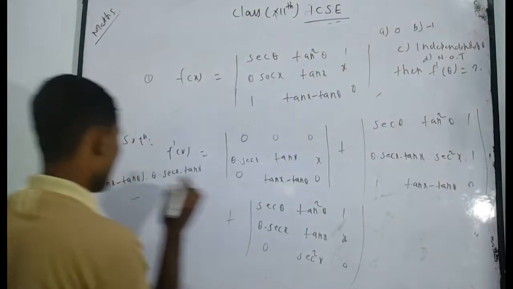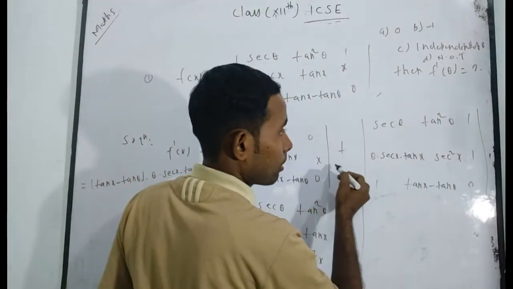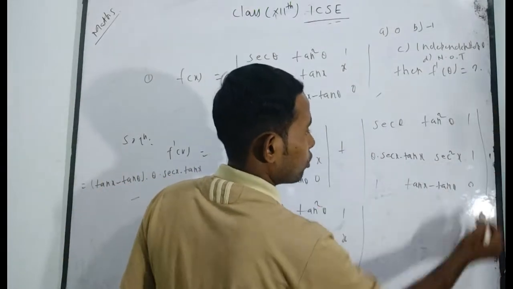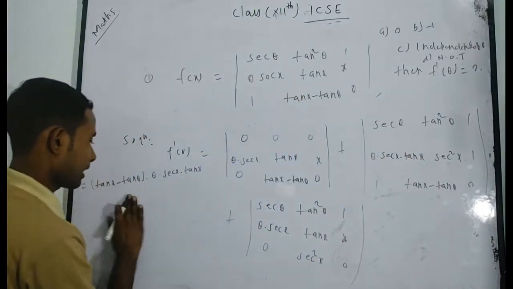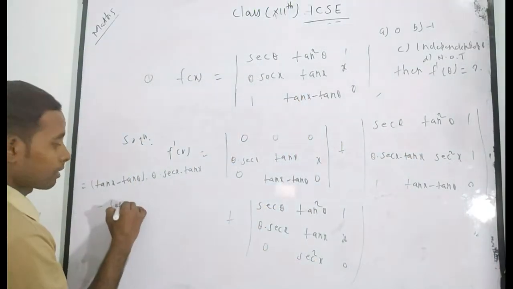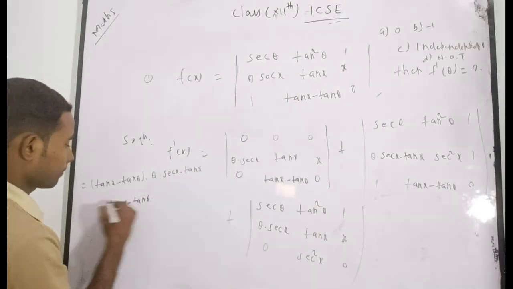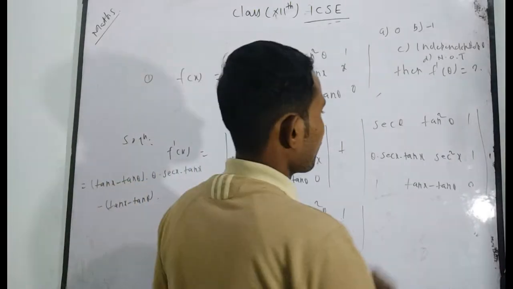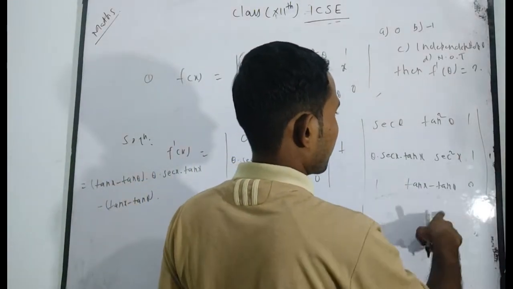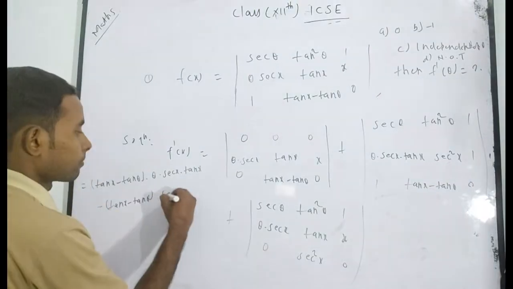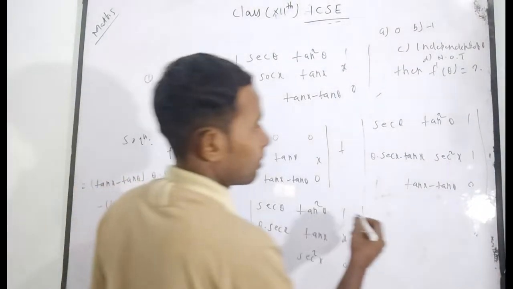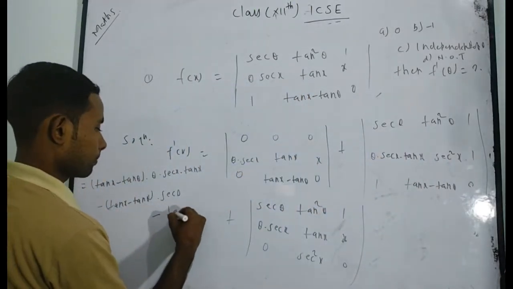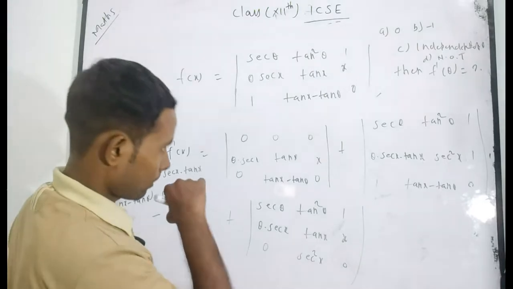And in the second row it will be minus. Firstly write minus, and this minus, both cancel. Tan x minus tan theta into sec theta. Again minus, tan x minus tan theta, into sec theta, minus tan square theta.